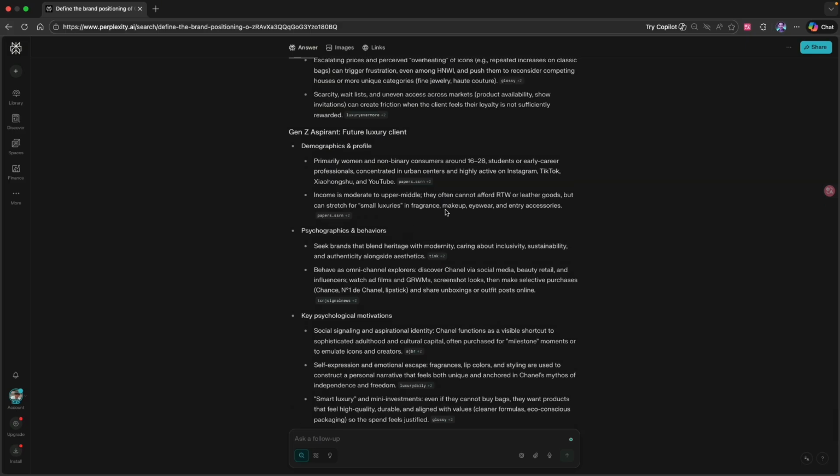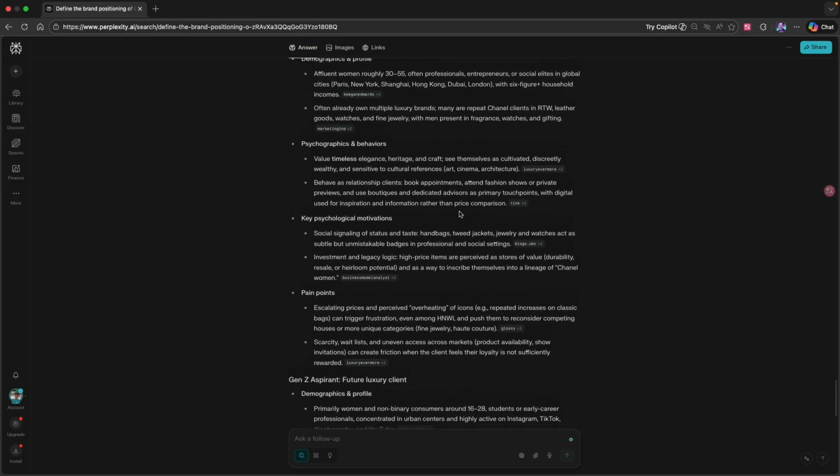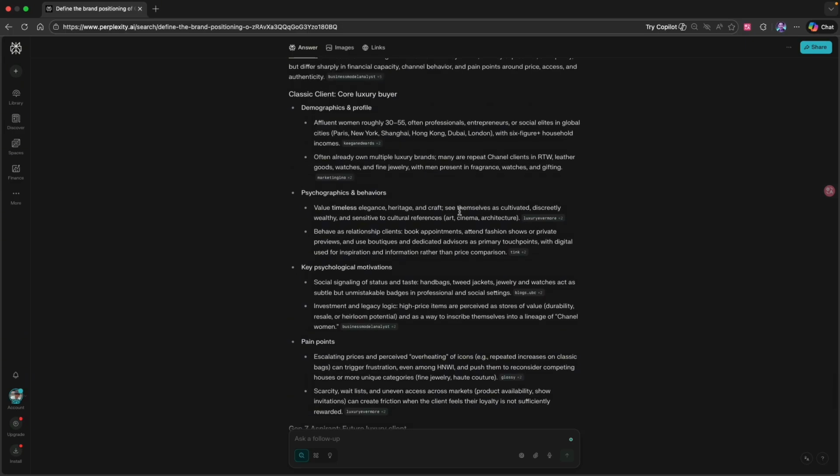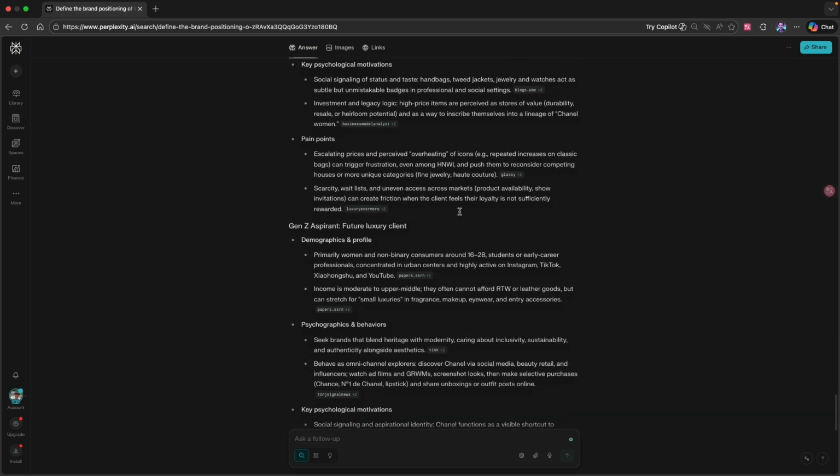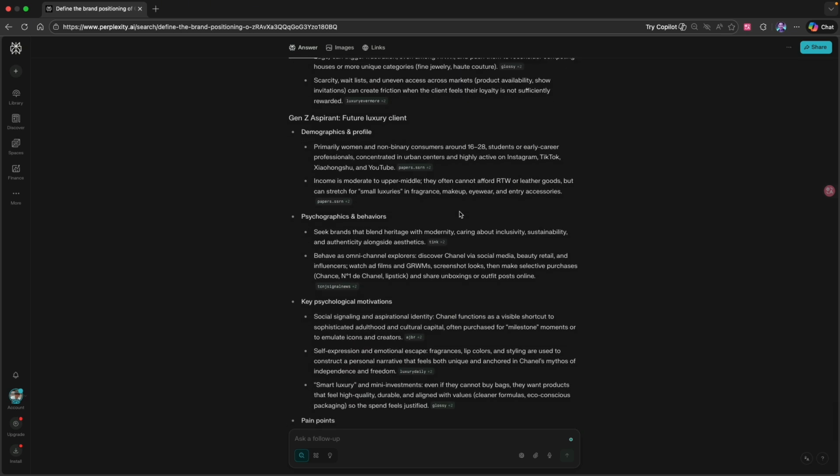On the left, we have the classic client, the high net worth individual. On the right, the Gen Z aspirant, the digital native. Your marketing plan must address both, but their psychological triggers are completely different.